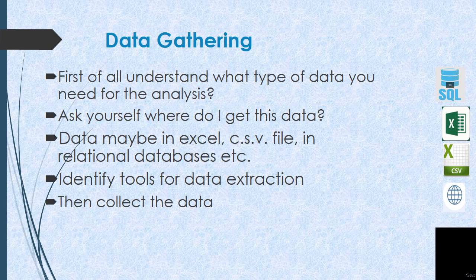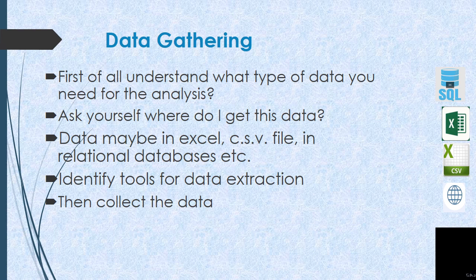The very first thing in the data gathering stage is to understand what type of data you need for your analysis, based on the objective that you came up with in stage 1 of the process. At this point, you have to identify the source of your data. Is the data provided by the client, or do you need to go the extra mile to extract the data from external sources?